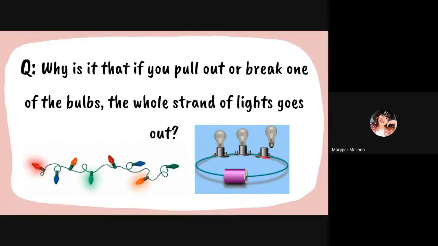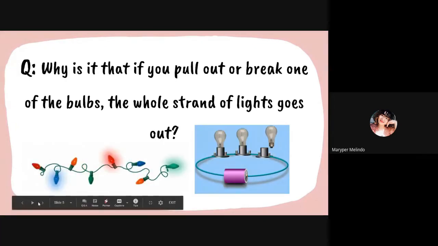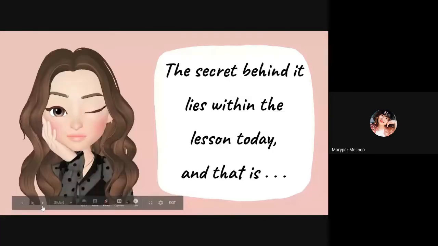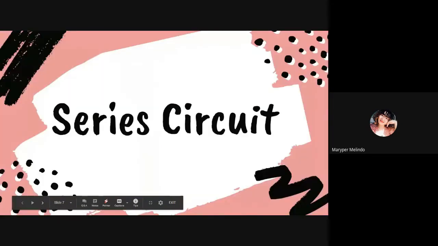Bakit nawawala or bakit hindi na siya gumagana? Okay? So we will answer that later. So actually, the secret behind it lies within the lesson today, and that is the series circuit. Are you excited? Are you ready?